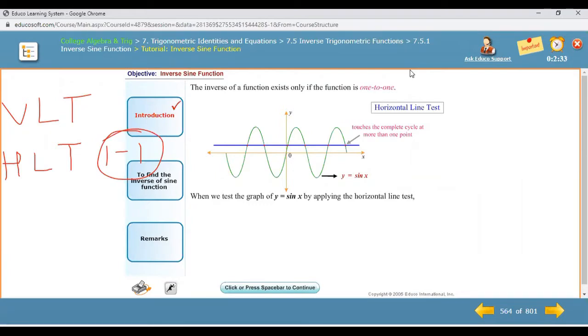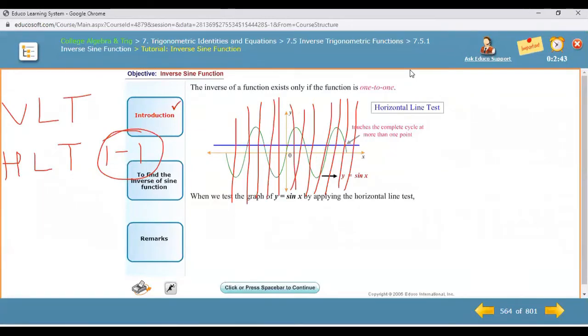Now, if you look at this diagram here, it passes the vertical line test. Any line drawn anywhere will touch at one point. But if we look at the horizontal line test in this case, okay, let me erase this.